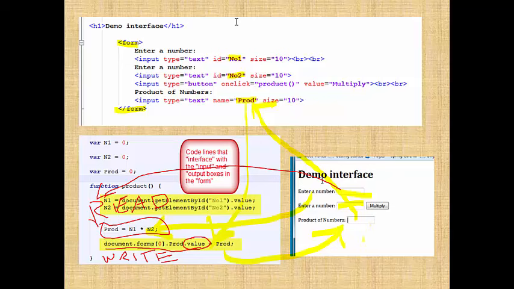But the magic of it is, because we've given these attribute names of N1, number 1, number 2, prod to the text boxes, we can now use those in these document object method calls, and we will read and then write those back into there.